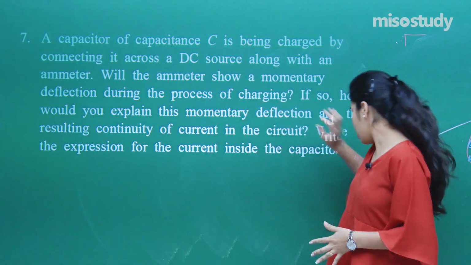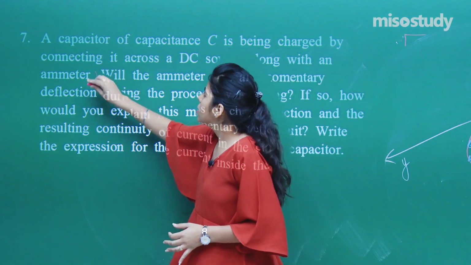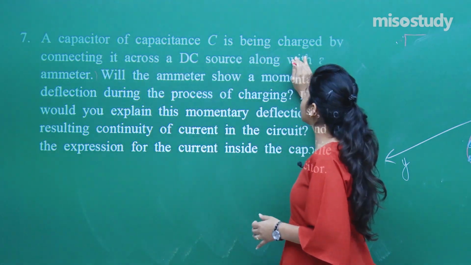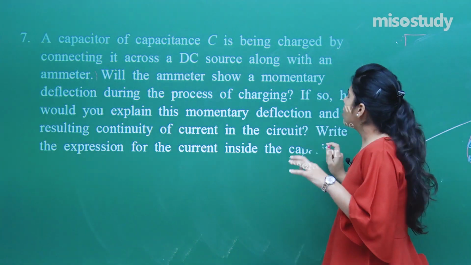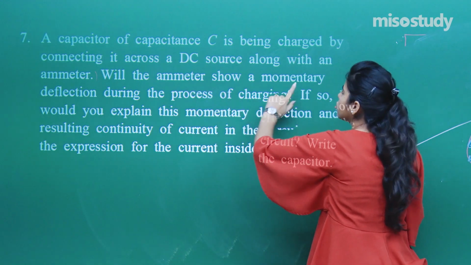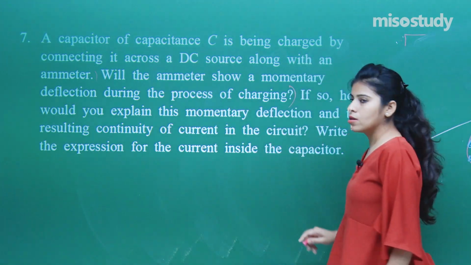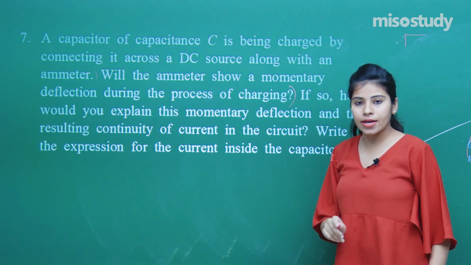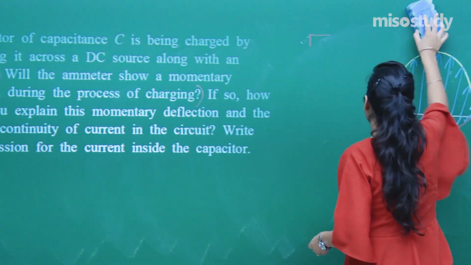So first of all, read only the first part till here. A capacitor of capacitance C is being charged by connecting it across a DC source along with an ammeter. Now the second line, will the ammeter show a momentary deflection during the process of charging? Till here. So the answer will be yes. It will show a deflection during charging.